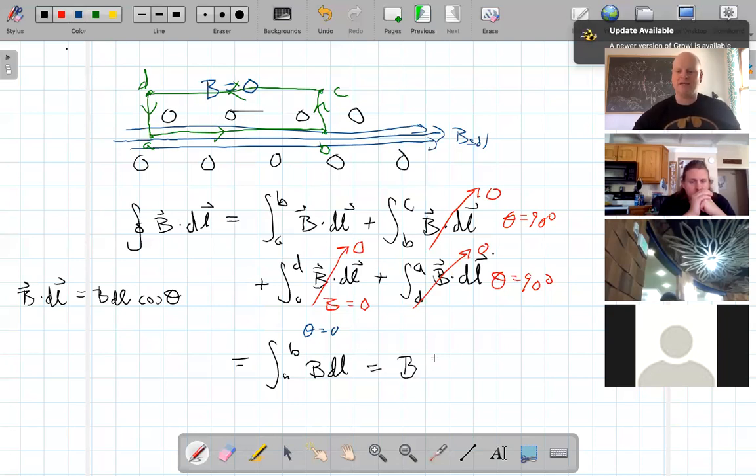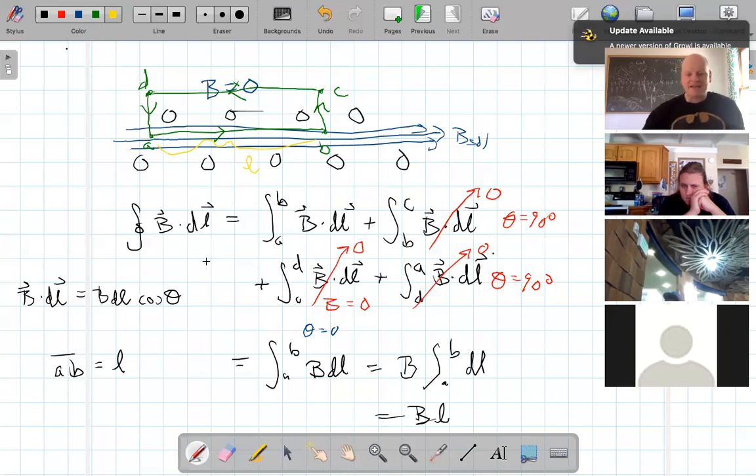So this becomes B times the integral from A to B of dl, which is simply equal to B times L. Here I'm saying that the length going from A to B is simply equal to L. So this section has a length of L.